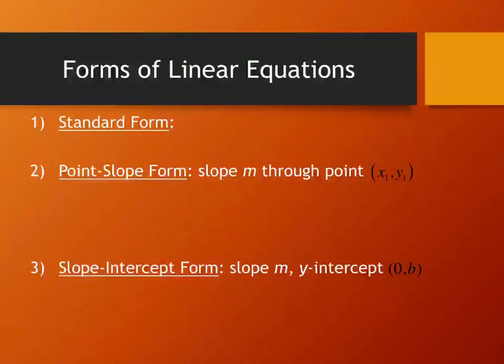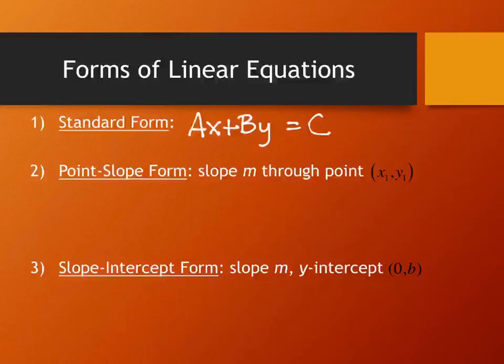Okay. There are actually at least 3, we're going to talk about 3 forms of linear equation, okay? The first one I mentioned back in section 1.3, and its equation, it was ax plus by equals c. Absolutely the least helpful form of a line, but it is the standard form of a line.